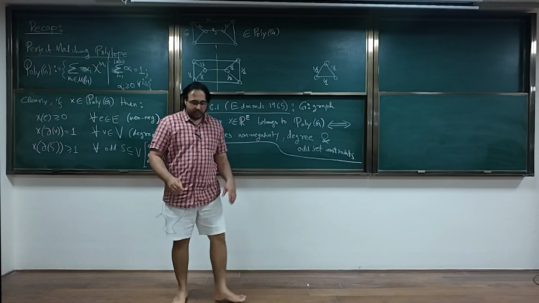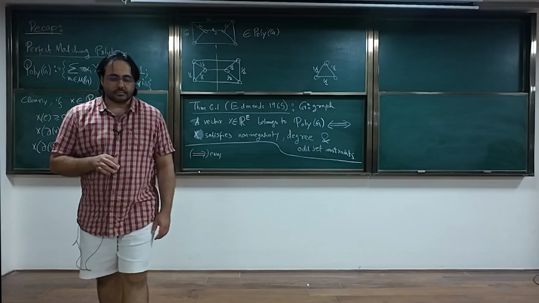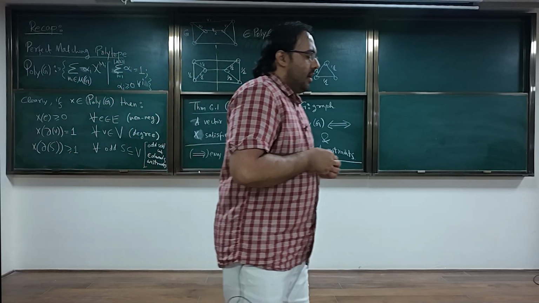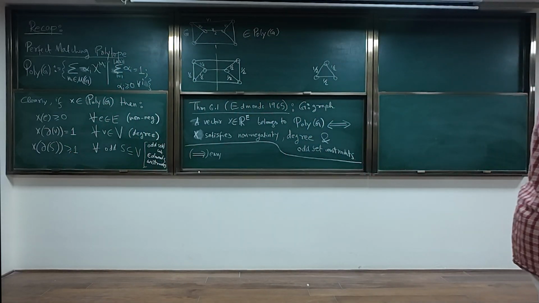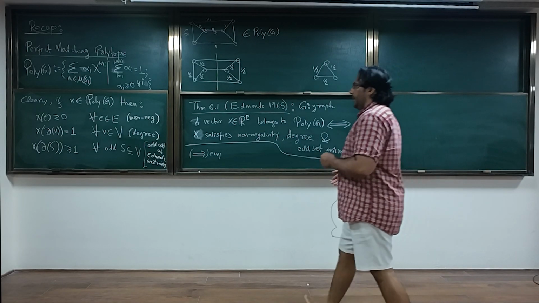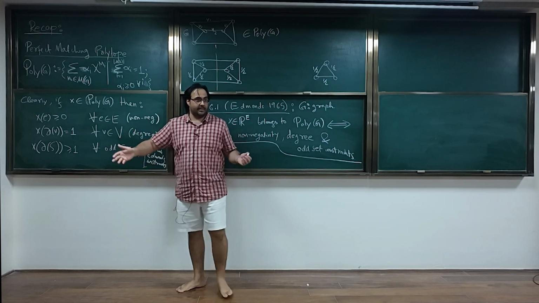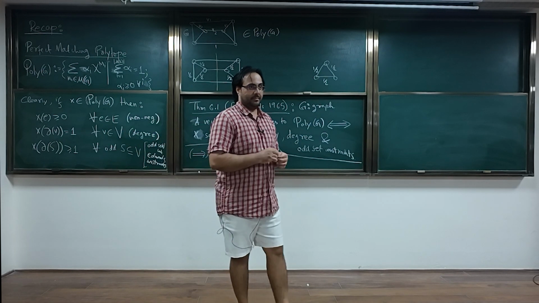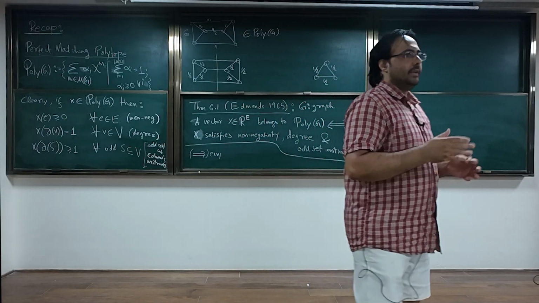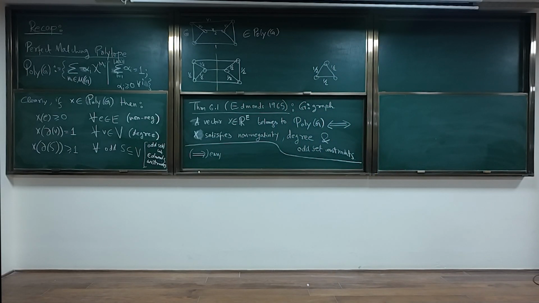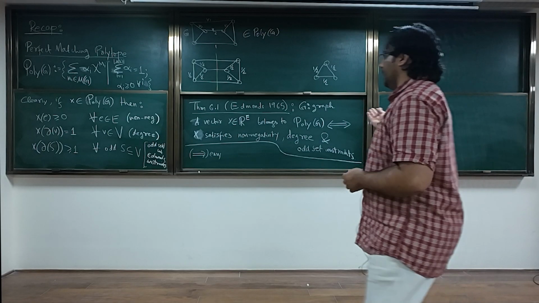So what we'll do is we will define two polytopes. One is the perfect matching polytope, and another is the polytope defined by this set of constraints. This set of constraints will also give you a polytope. The question is, are the two polytopes equal? We won't give it a name because we are going to prove that they are equal.